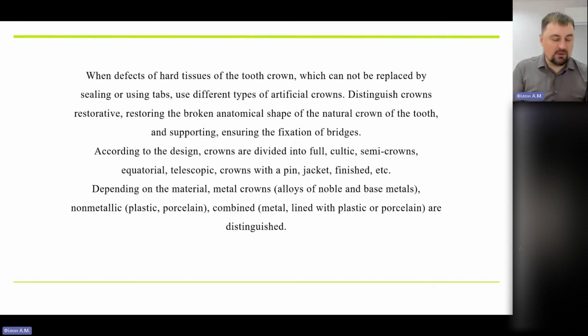It's going to be wet because of blood and saliva, and if it's wet there, it will never glue with a very nice composite. That's why we have to extract the tooth and place an implant there, and later place a crown on that implant.